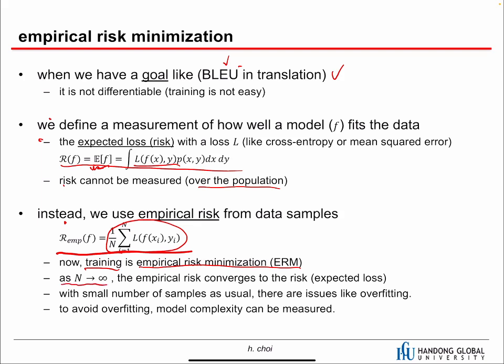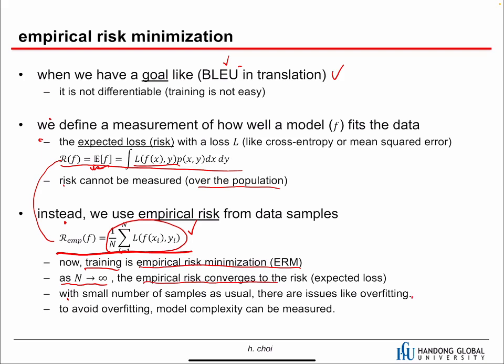And when the number of samples increases, the empirical risk converges to the risk. So if we increase the number of samples, it will converge to the actual risk. But with a small number of samples, there is some issue like overfitting.